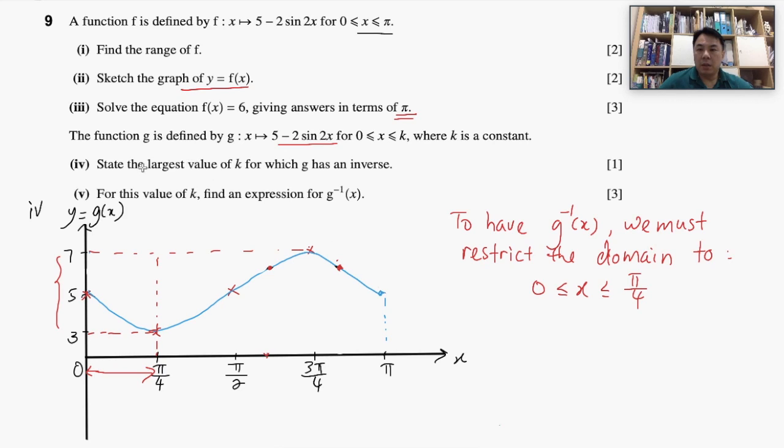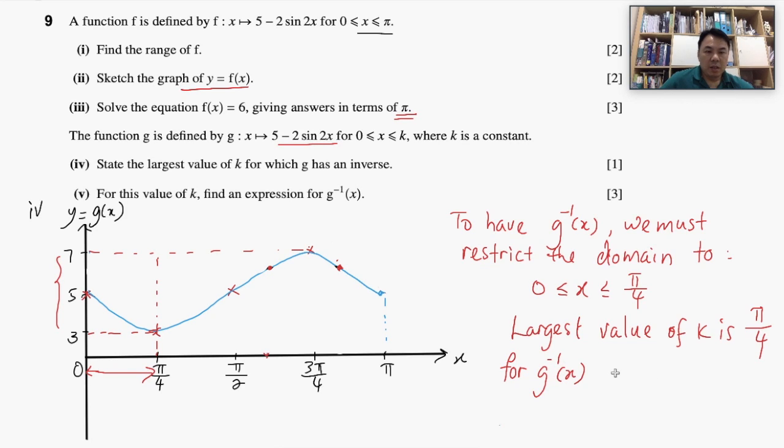And then to answer this, find the largest value of k. In this range here, the largest value of k is pi over 4, for g(x) to have an inverse. So we are done with that.